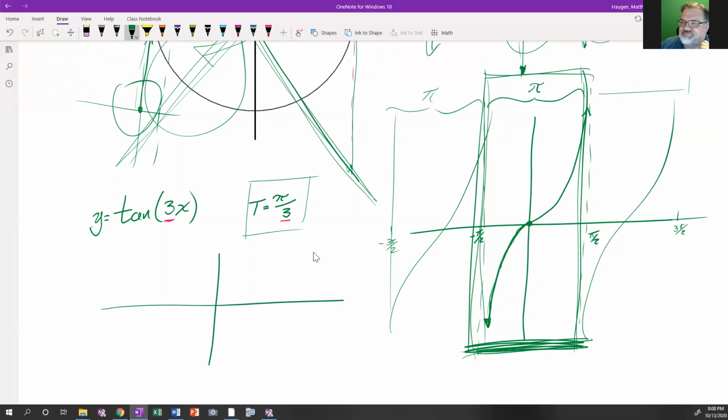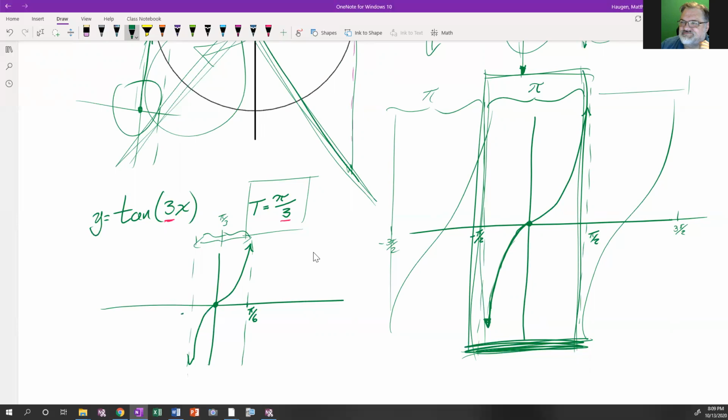So if we tried to draw that, it's going to be, again, centered at our origin. Going to go up from there, down from there, such that the distance between our asymptotes is pi over 3. Which means this point is actually only going to be at pi over 6. Half of it in that direction and half of it in this direction.